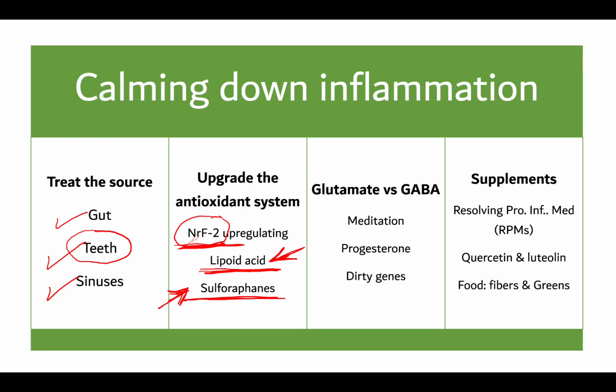There is another issue here that creates inflammation or helps inflammation. This issue is the glutamate versus GABA. What is glutamate and what is GABA? Both of them are chemical transmitters in the brain. The glutamate is responsible for the fight-flight reflex.